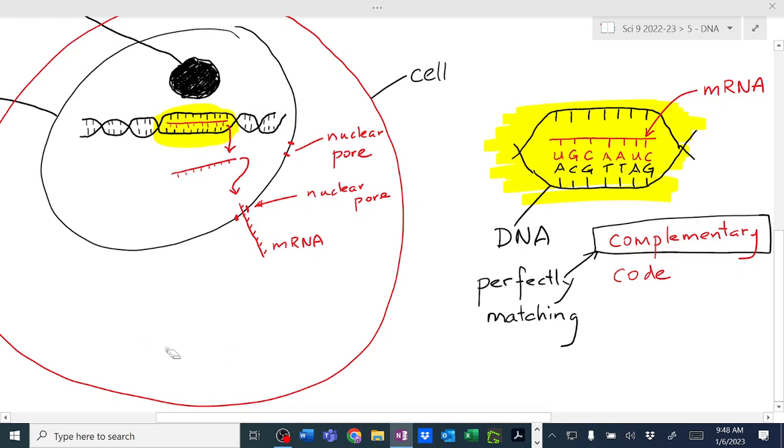I did that too small. Let's try that again. How many do I have? 1, 2, 3, 4, 5, 6, 7. Okay. I've got 9 little dashes on the top there.